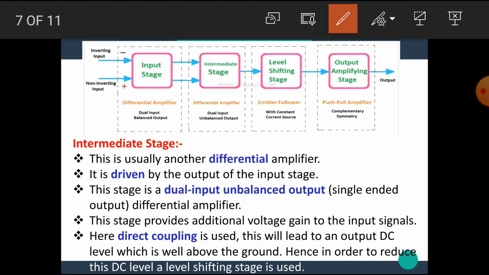That means the input stage and the intermediate stage are both differential amplifiers and these are directly coupled with each other. Hence, the DC level is well above the ground level. For that purpose, the third block, the level shifting stage, is used to reduce this DC level to the ground.